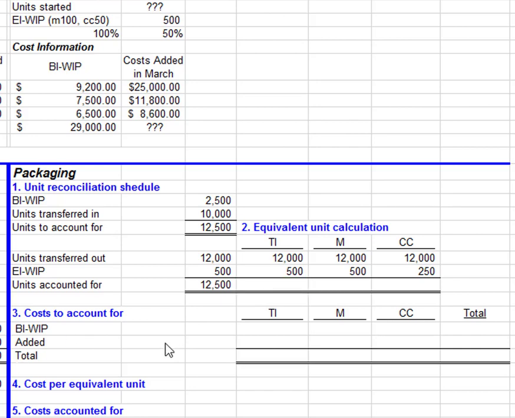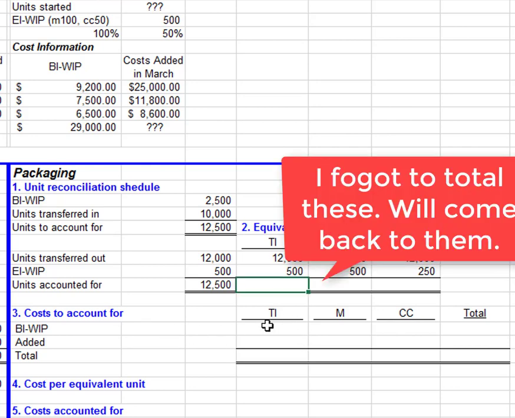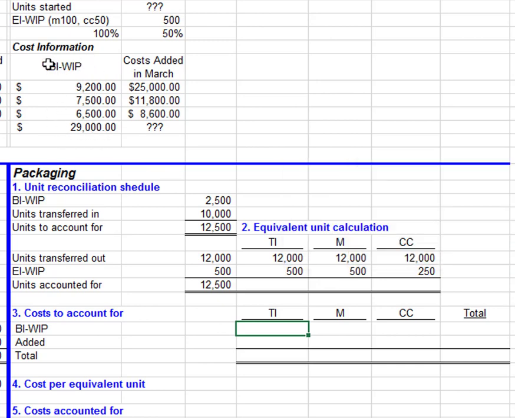Okay, next we have to organize our costs to account for. And the beginning inventory work in process, that's given to us right here. Here we've got the beginning inventory work in process broken down into 4 categories: direct material, direct labor, manufacturing overhead, and also transferred in costs. So I'll just transfer those down here.